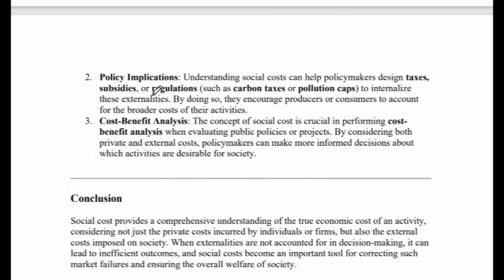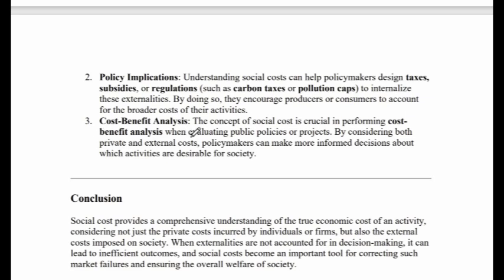Policy implications. Understanding social costs can help policymakers design taxes, subsidies, or regulations such as carbon taxes or pollution caps to internalize these externalities. By doing so, they encourage producers or consumers to account for the broader costs of these activities.